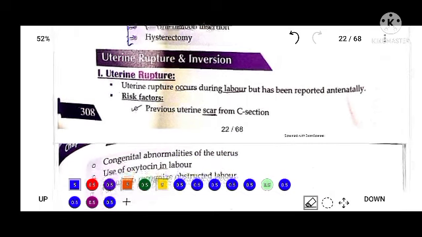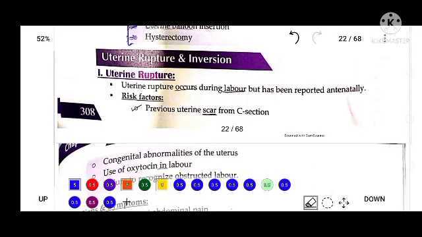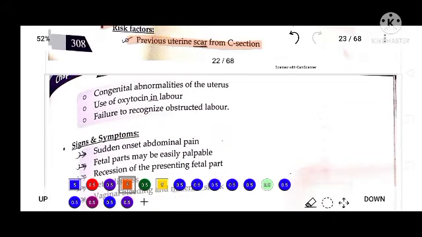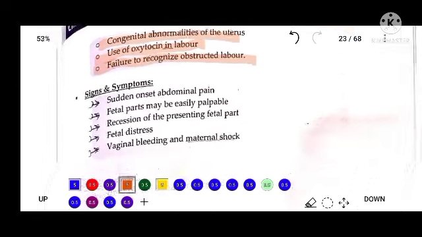Another condition is uterine rupture and inversion, starting with uterine rupture. Uterine rupture occurs in labor, and risk factors are a previous uterine scar from C-section, congenital abnormality of the uterus, use of oxytocin in labor, and failure to recognize obstructed labor.